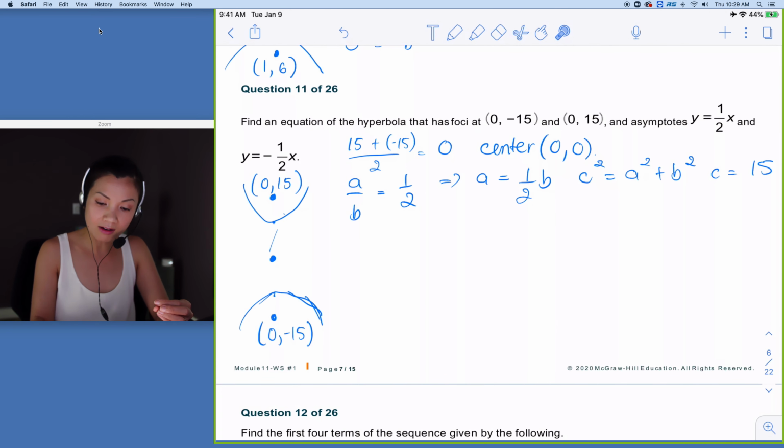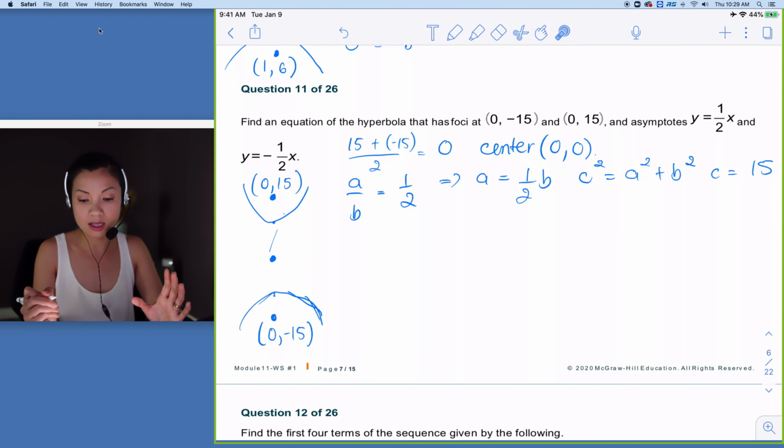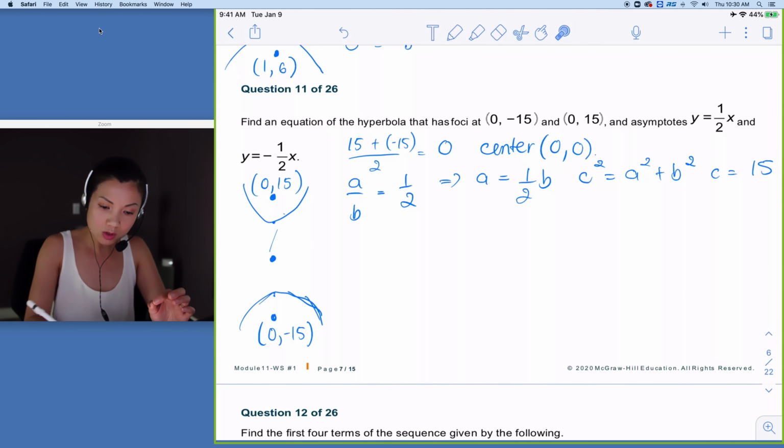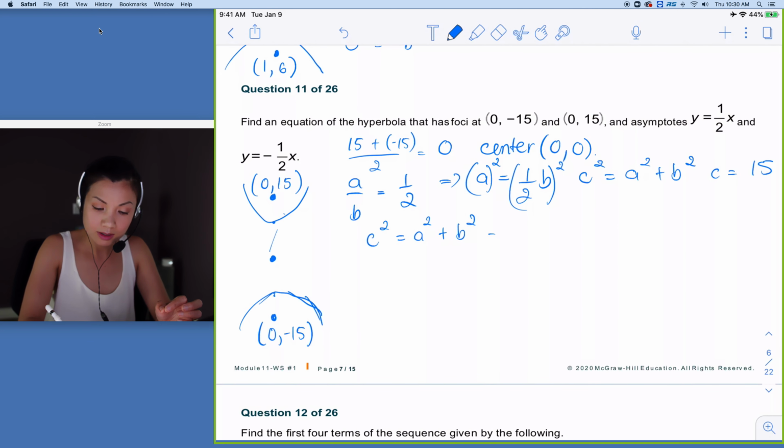So I'm going to use everything and plug it in. The problem that we have right here is that we have two variables. So I'm going to rewrite everything using just one variable. c squared equals a squared plus b squared, but c squared is 15 squared equals a squared, which is 1 half b squared, plus b squared.